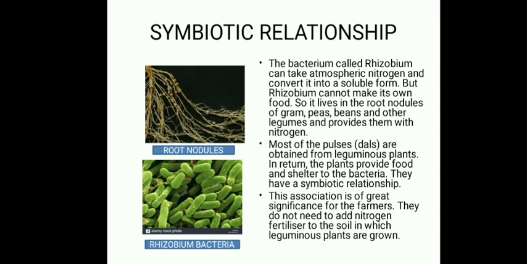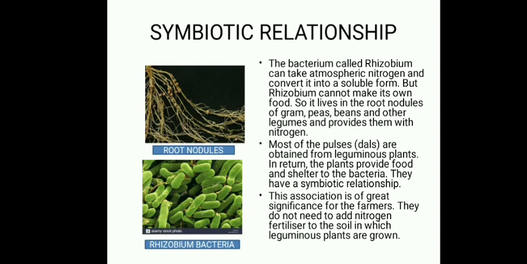Similarly, pea and beans are all leguminous plants. If you see a leguminous plant, if it is small, you can take out that plant, and in the roots, if you see carefully, you will find some nodule-like structures, and inside these nodules you have bacteria, which is Rhizobium bacteria.